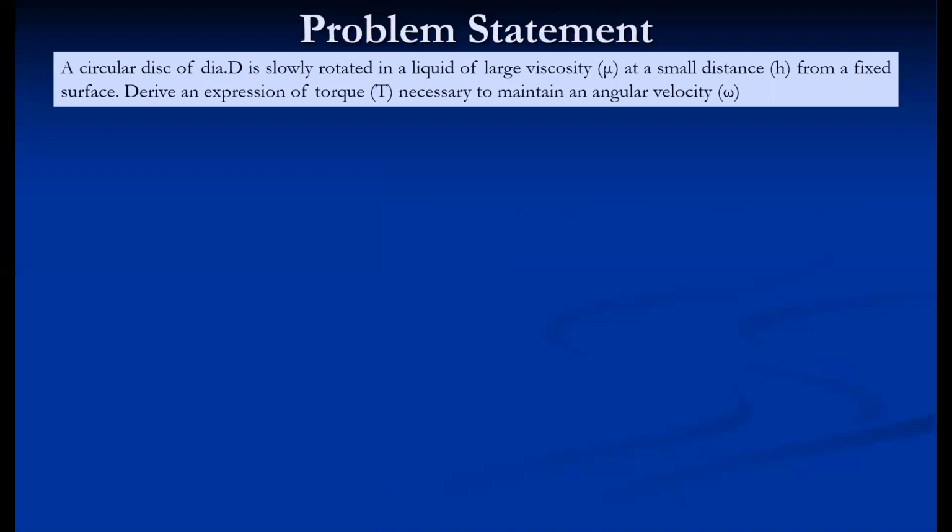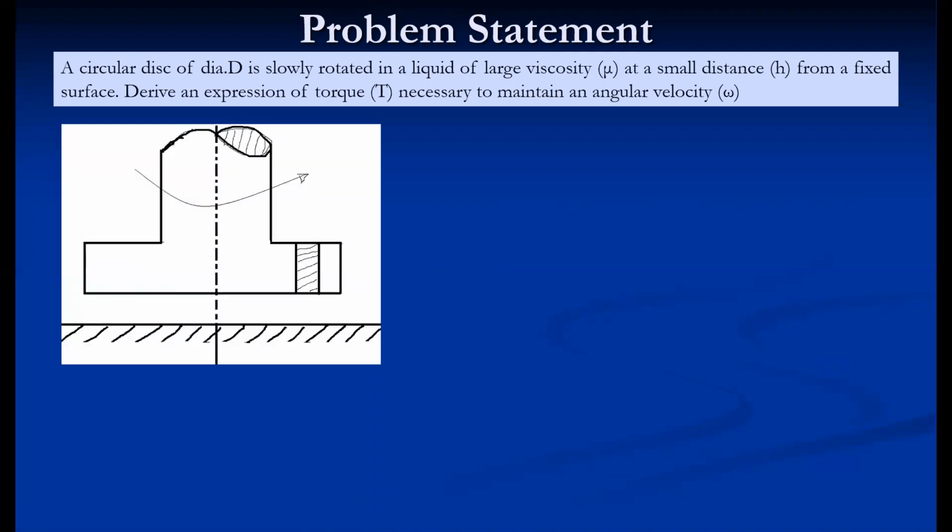Now, another numerical. A circular disc of diameter d is slowly rotated in a liquid of large viscosity mu, at a small distance h from a fixed surface.